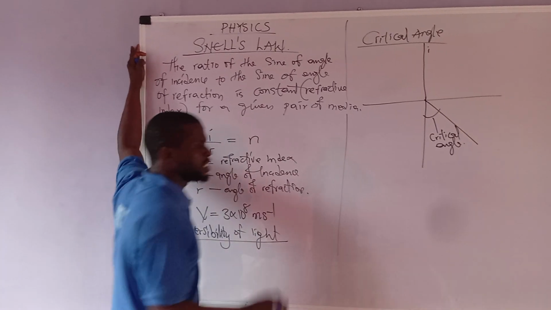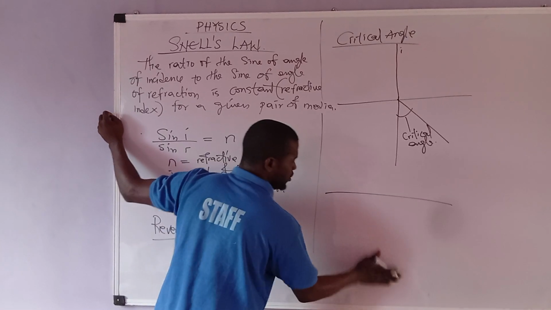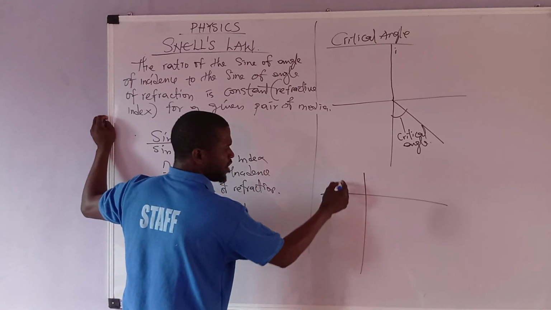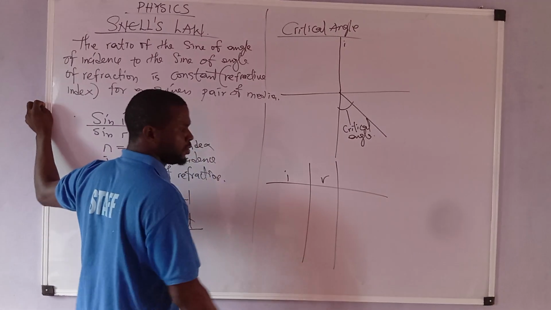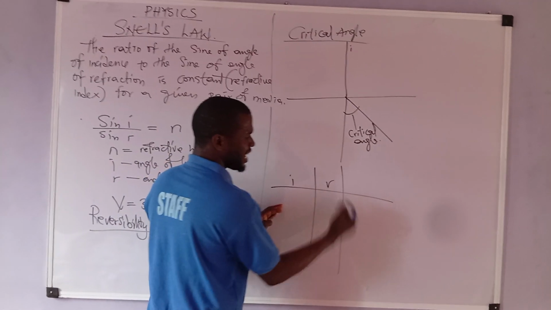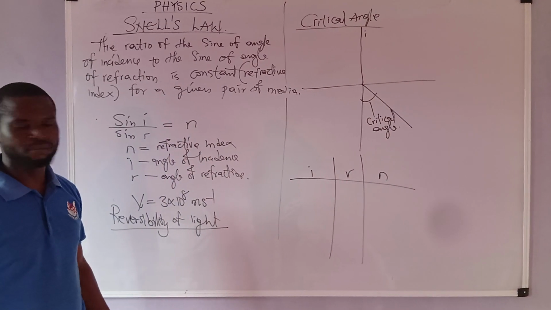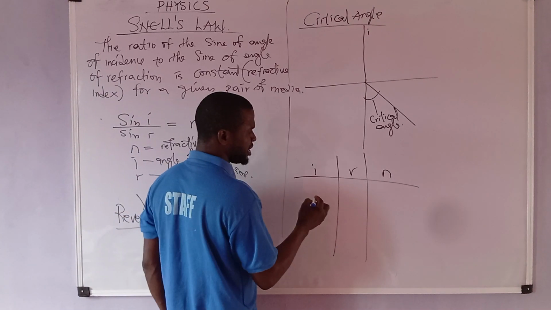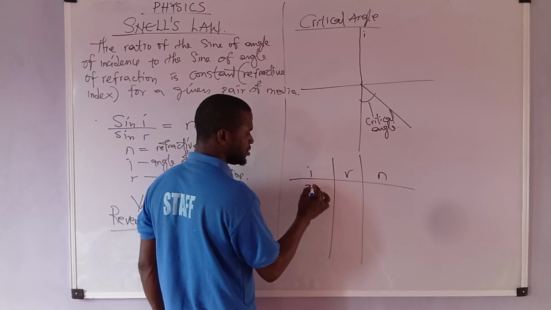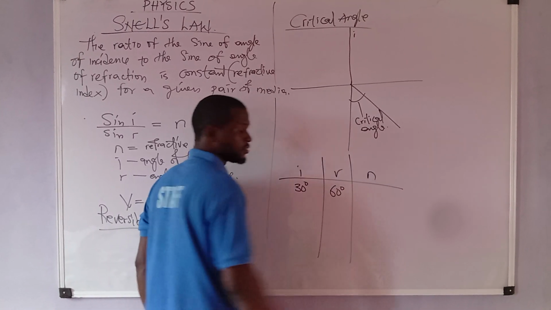Now, if you are given the angle of incidence and the angle of refraction, you can simply calculate the refractive index of the media. It is very simple. Let's say the angle of incidence for the media is 30 degrees, then the angle of refraction is 60 degrees.